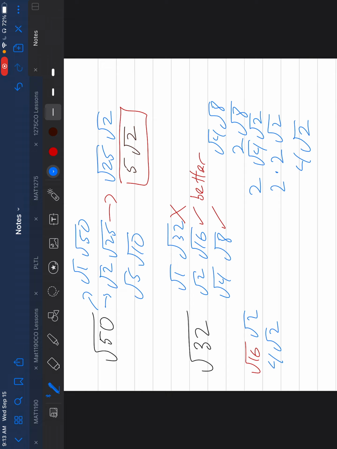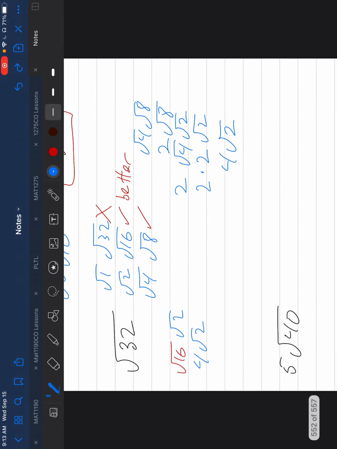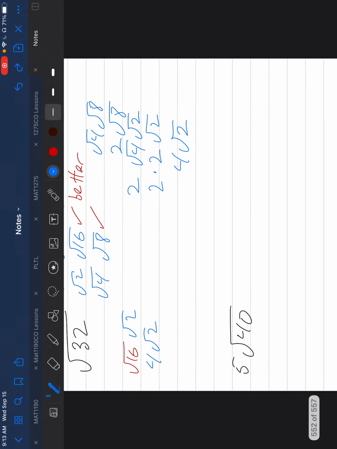So any whole numbers on the outside here are just going to get multiplied together. So same thing, same answer, just one way was shorter and one way was longer, but both will yield a correct answer. So it's not that this is incorrect, it's just that it will take longer to simplify, that's all.